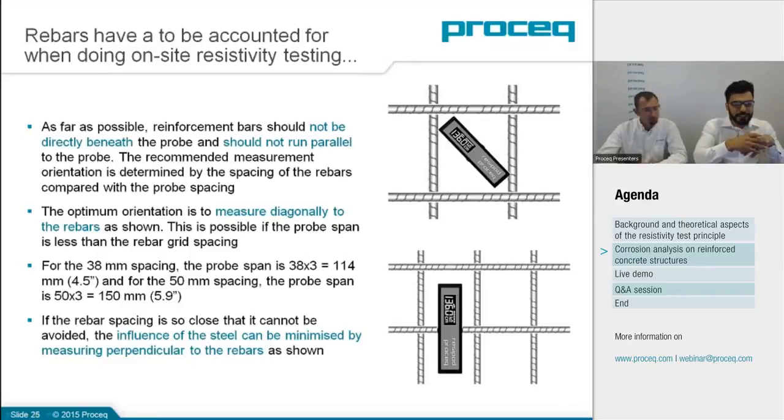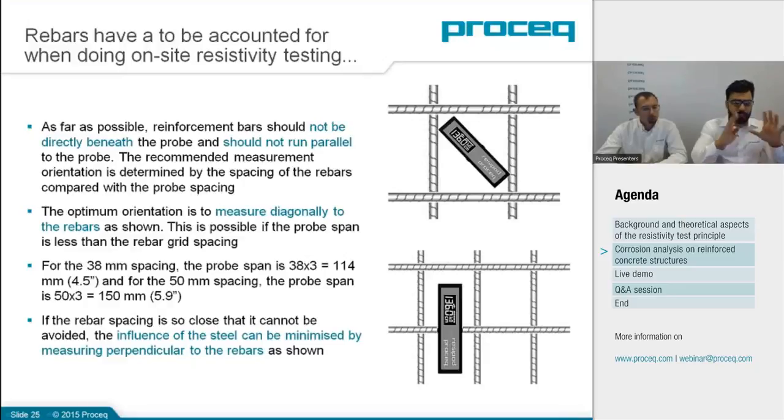So influence of the steel can be generally minimized by measuring perpendicular to the rebar. That's the key learning here. And all of this information is clearly shown and highlighted in the Resipod manual. So if you need additional information, please refer to that document.